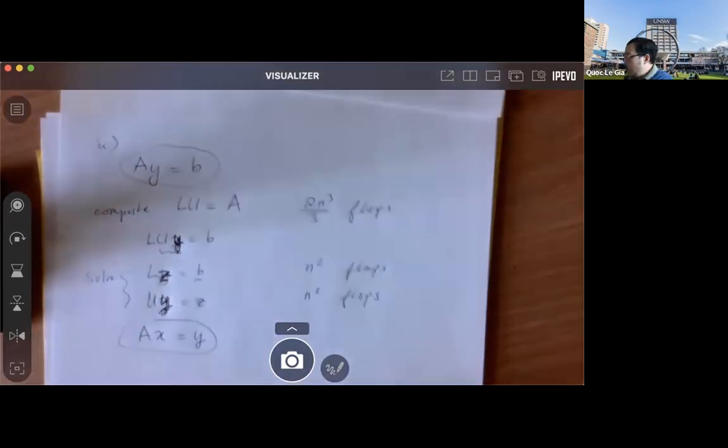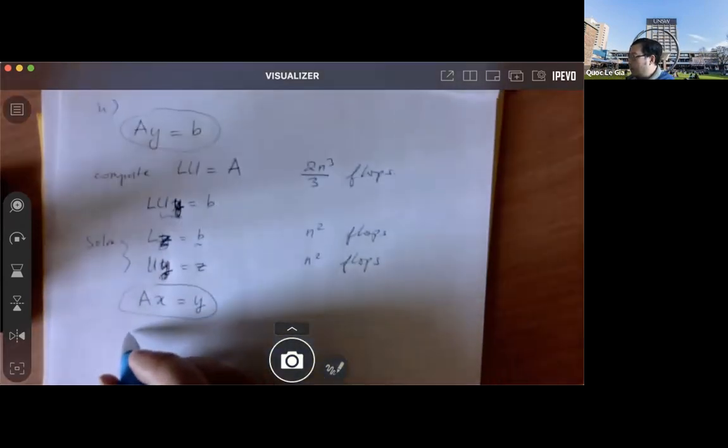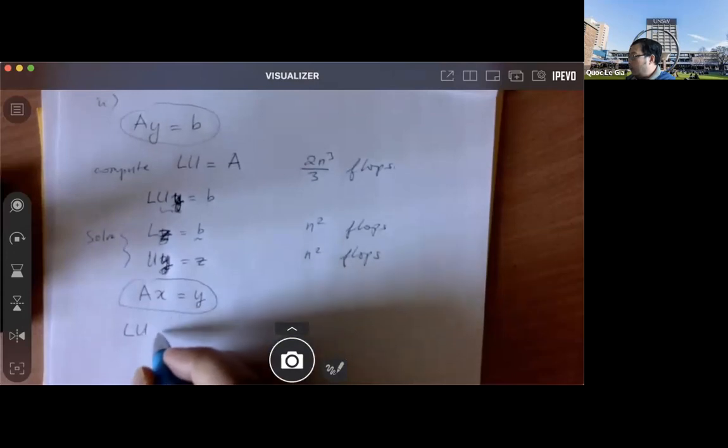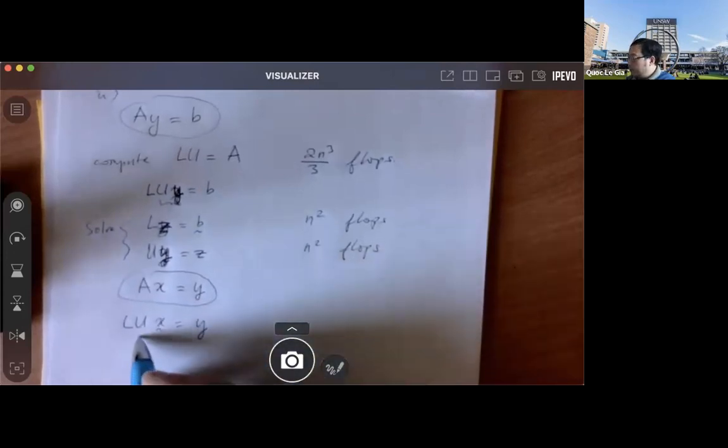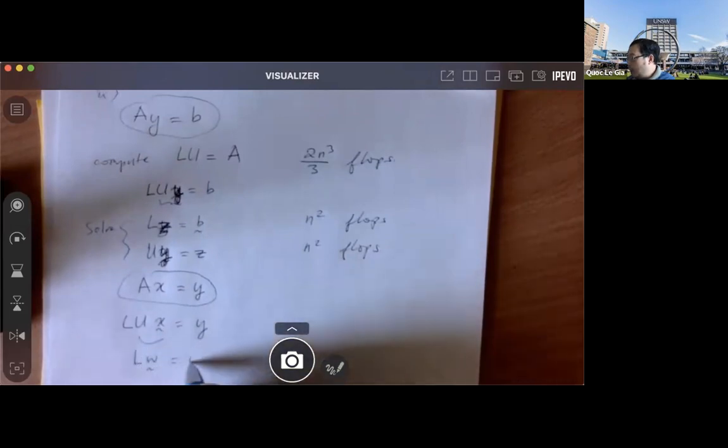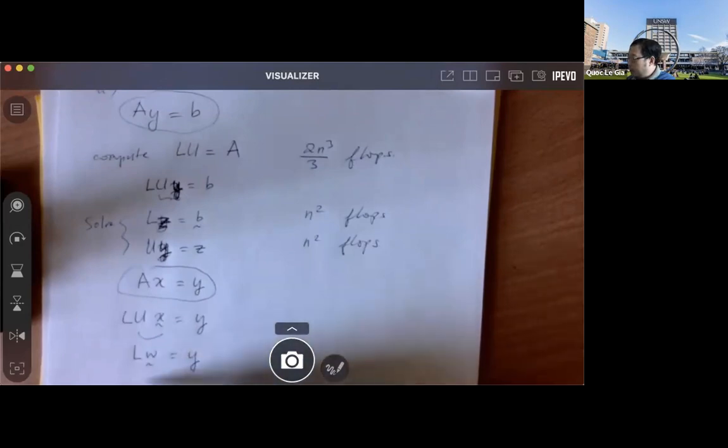So now you just solve LUx equals y. I label this one w, so Lw equals y, and after that I solve Ux equals w.